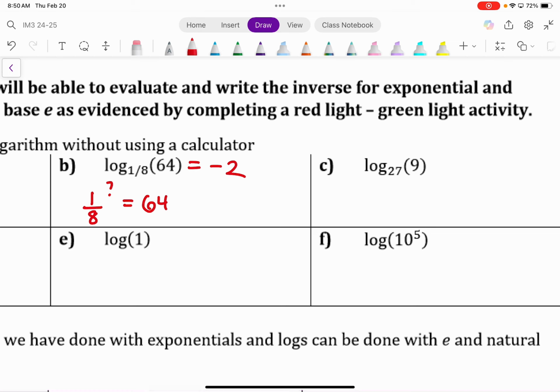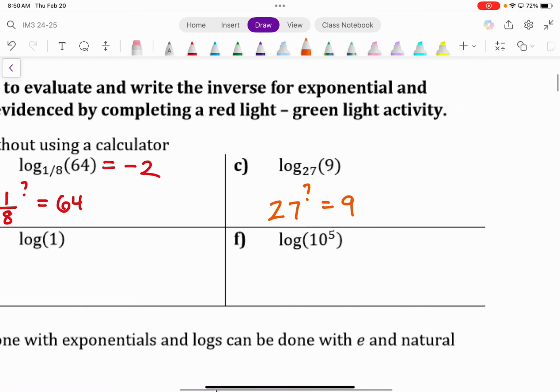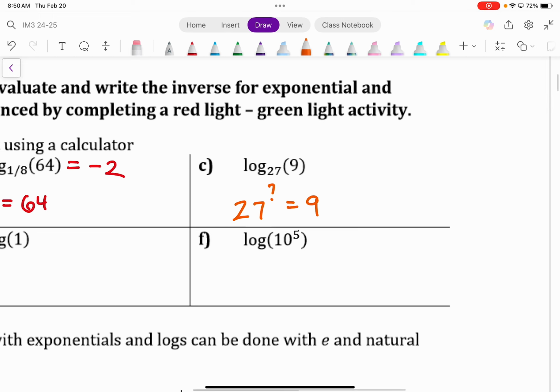Okay, log base 27 of 9. This one might have been challenging, considering that we didn't spend a lot of time looking at fractional exponents. The way you want to think about it, let me see if I can explain it to you. The way that we learned it, right? Because we learned it with the grouping. So let's see, 27.